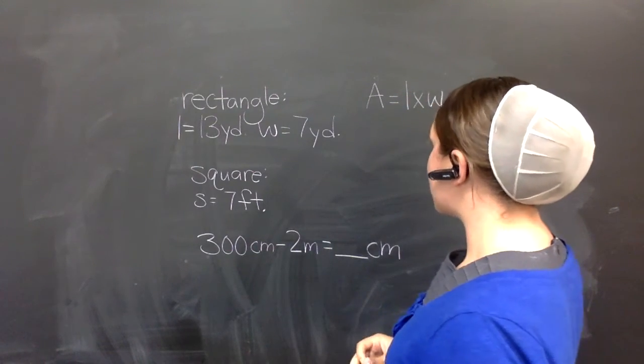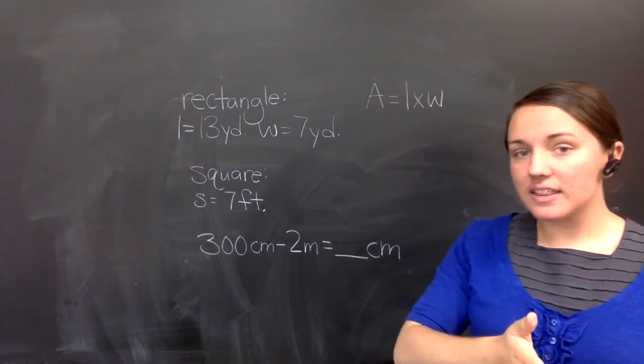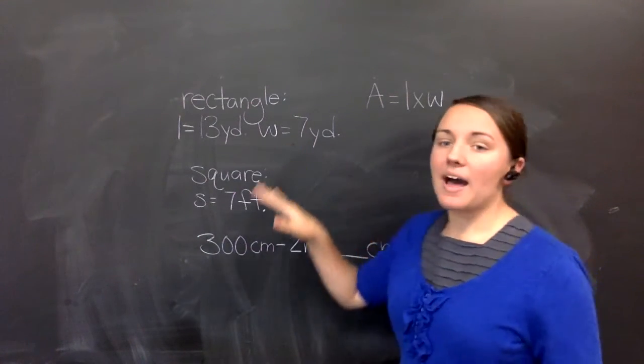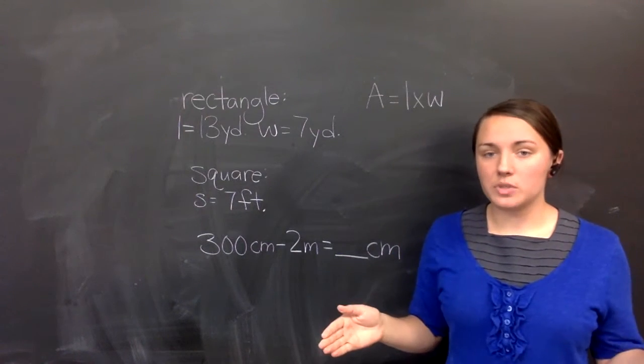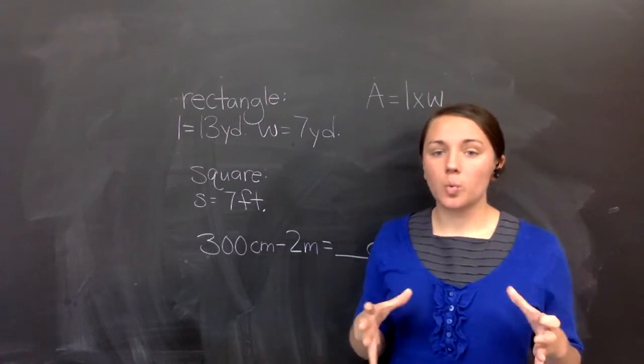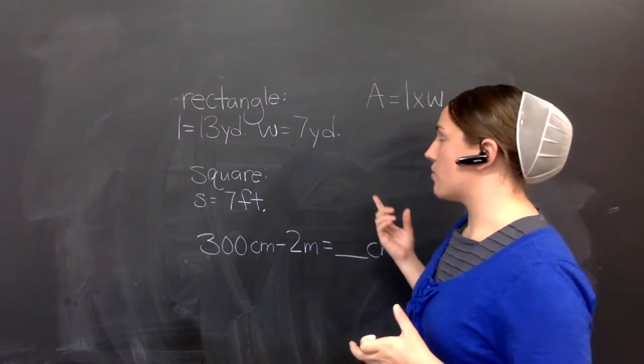So if we take how many yards it is along the length, which is the longer side, and multiply it by how many yards it is along the width, which is the shorter side, that will tell us how many square yards it is inside the area of the rectangle.